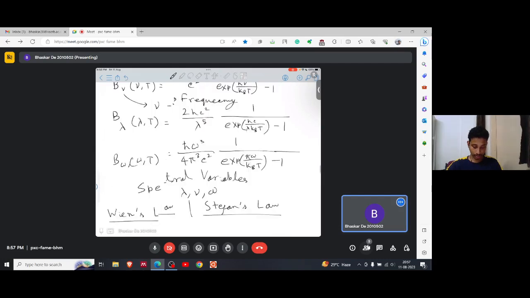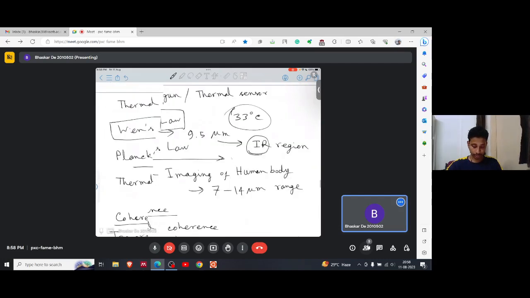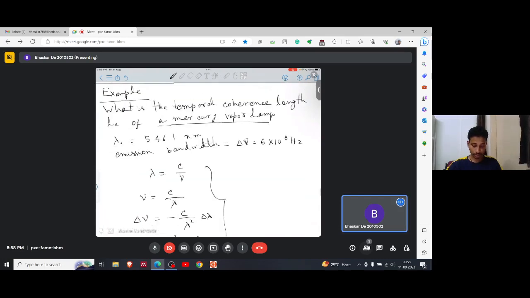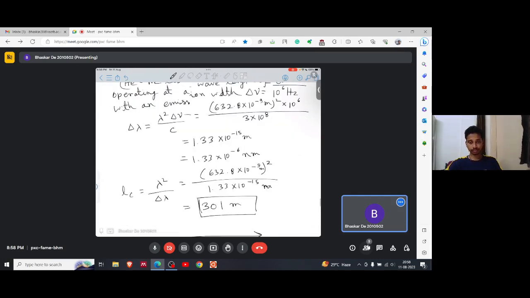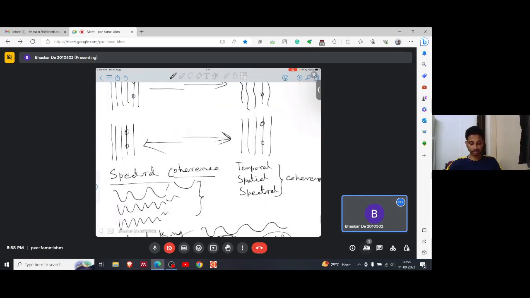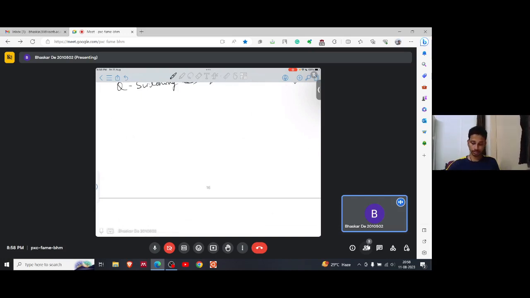Then there is Planck's radiation law, and then this coherence part, which is very relevant for laser. I'll try to show some more examples on spectroscopic term symbol in the next class, and I will discuss some problems regarding the amplification part of laser in the next class.